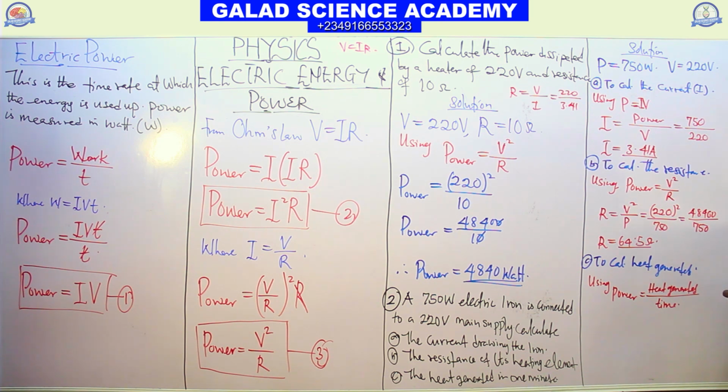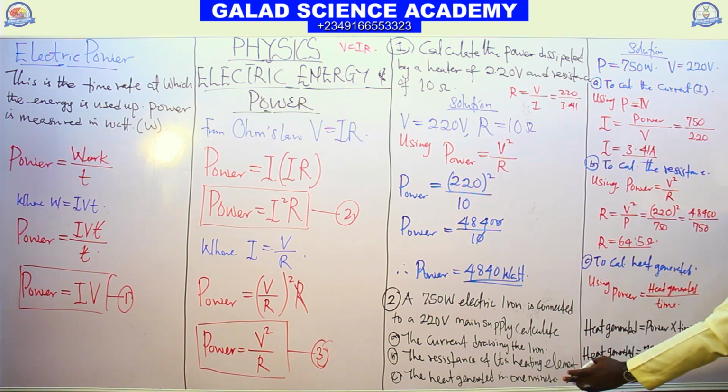From this expression, heat generated is equal to power times time. What is power? 750 watts.